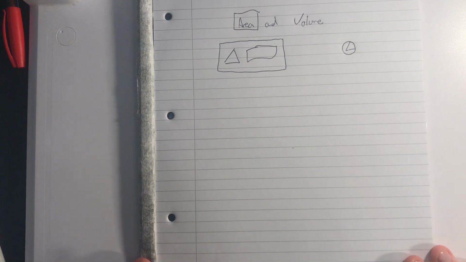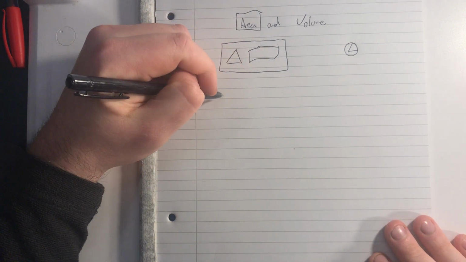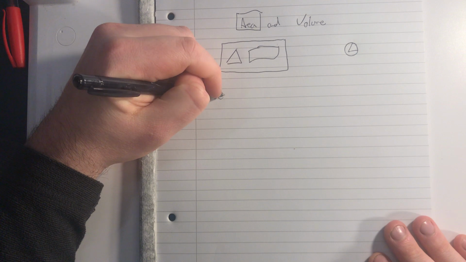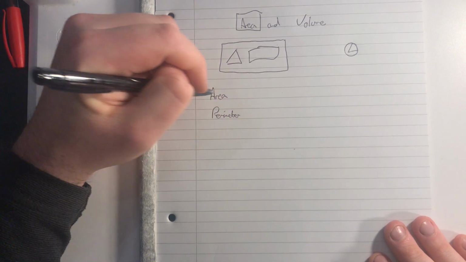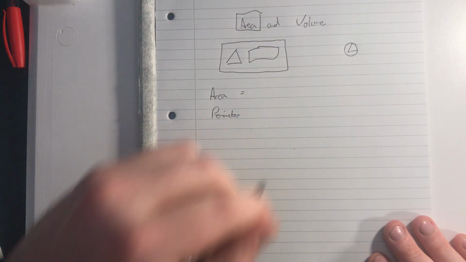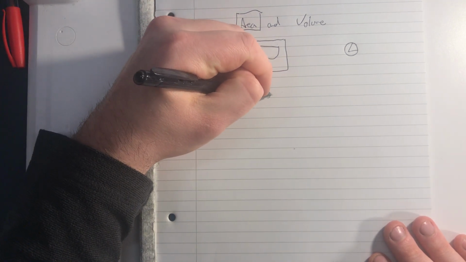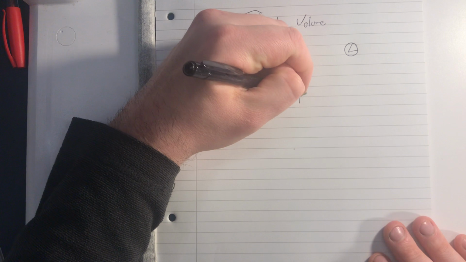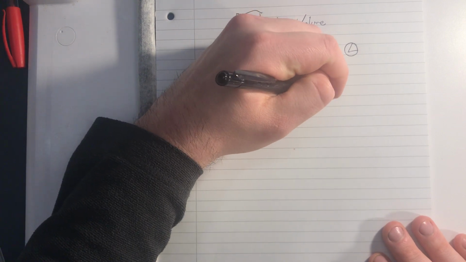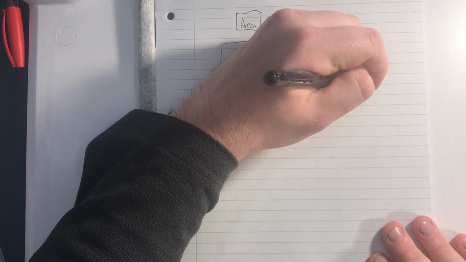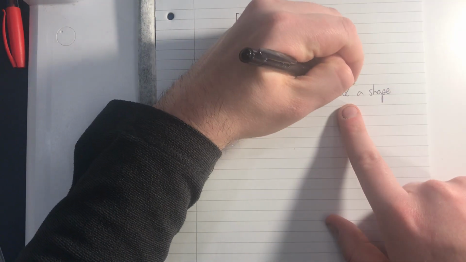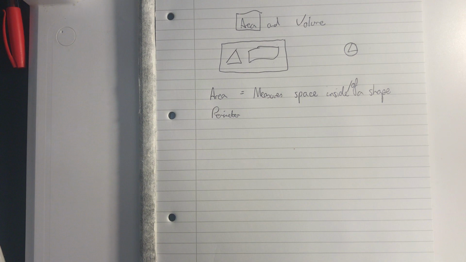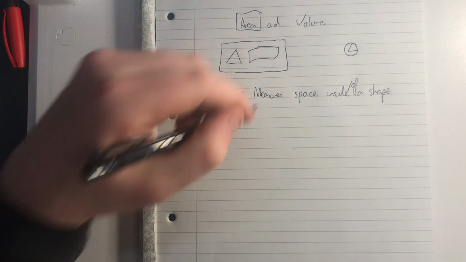I suppose we should all know at this stage the difference between area and perimeter. Just in case we don't, area measures space inside a shape, or of a shape, depending on the shape we're talking about.